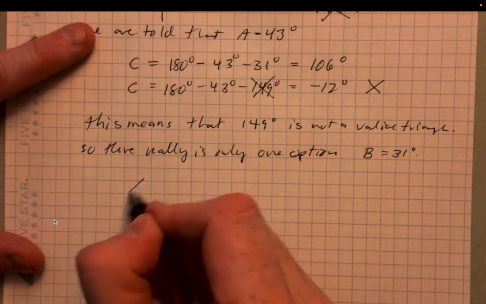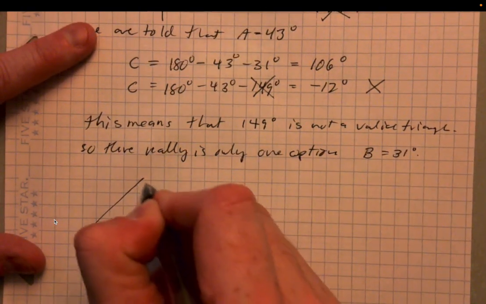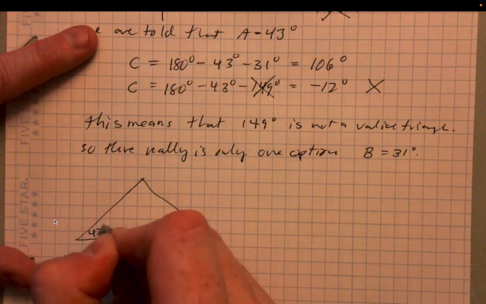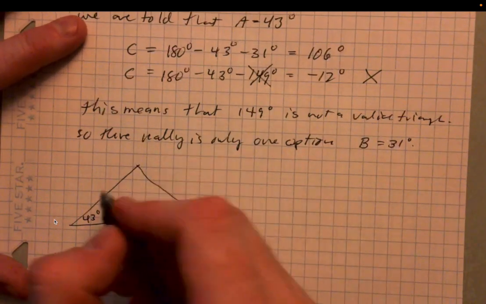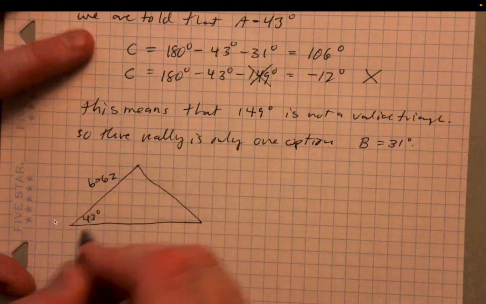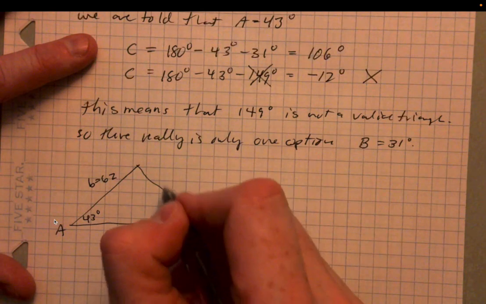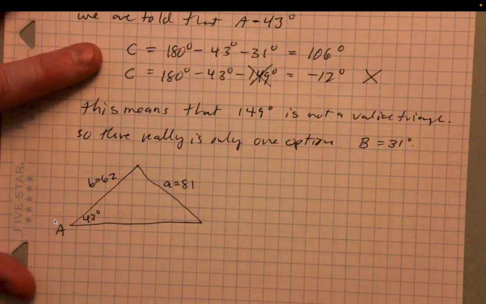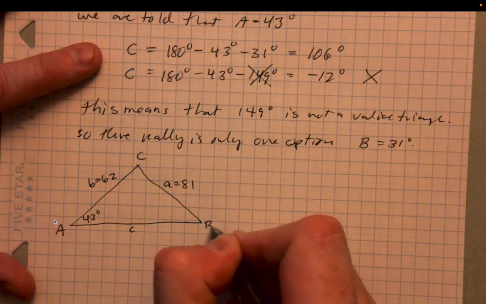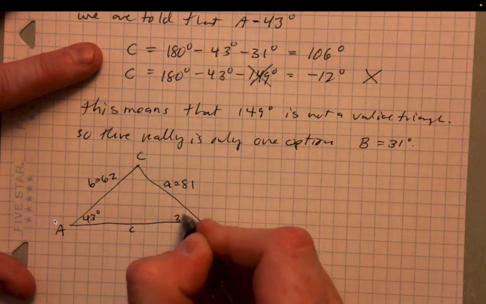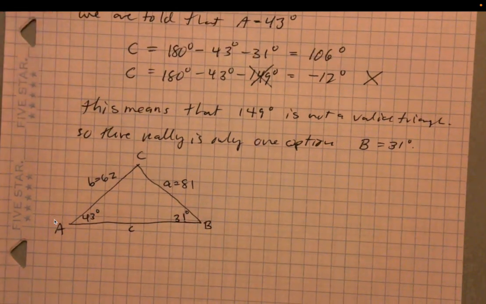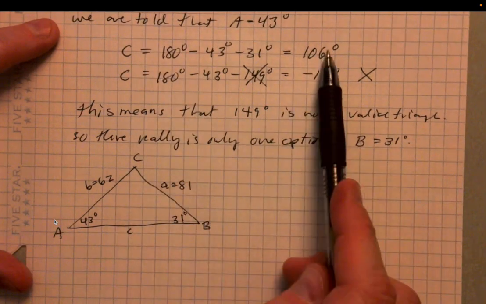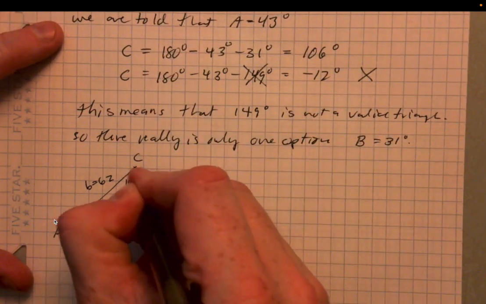Okay, so let's regroup here. What were we given? We were given 43 degrees. We were given B equals 62. We were told A is equal to 81. And we didn't know the rest of it, but now we know that B must be equal to 31 degrees, and then we've kind of inadvertently calculated C is 106 degrees.